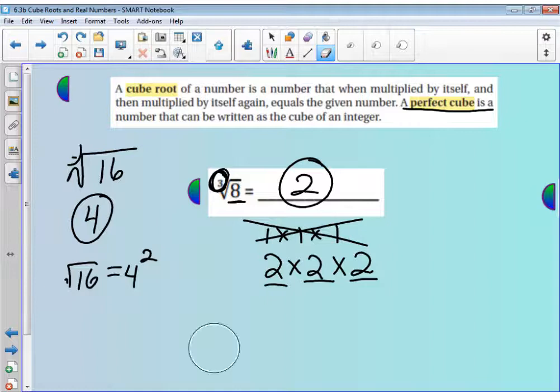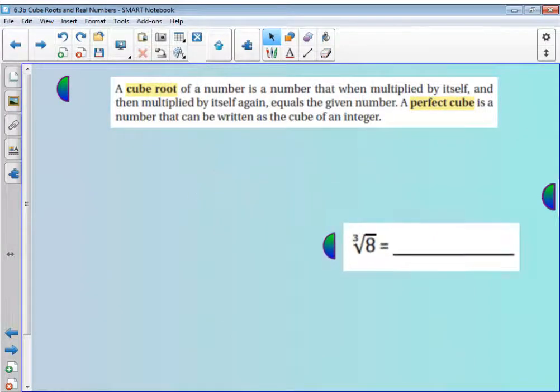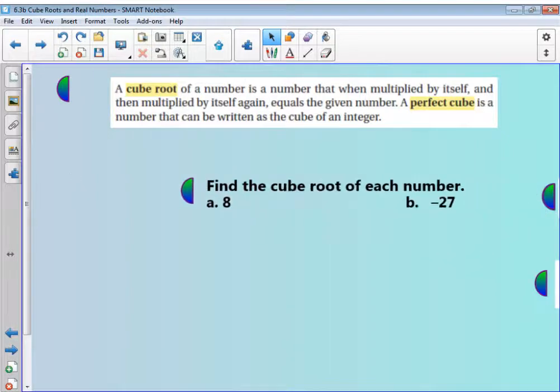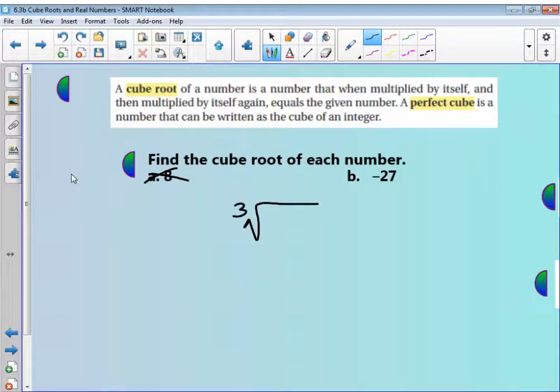Okay, so let's go ahead and try a couple more of these. Well, quite a few more because you have to get lots of reps. Here we just did letter A, so we're not going to do that one. This time they want us to find the cube root of negative 27. Visually, this is what they're referring to, the 3rd root or cubed root of negative 27. Whenever you have a negative number, you're going to have negatives on your number when you go to multiply them out.